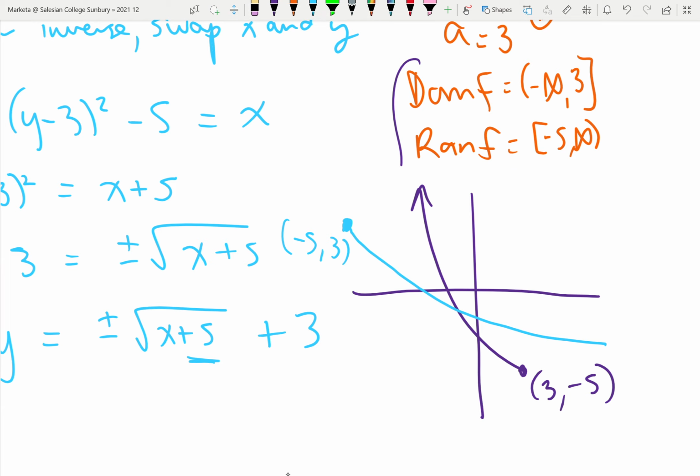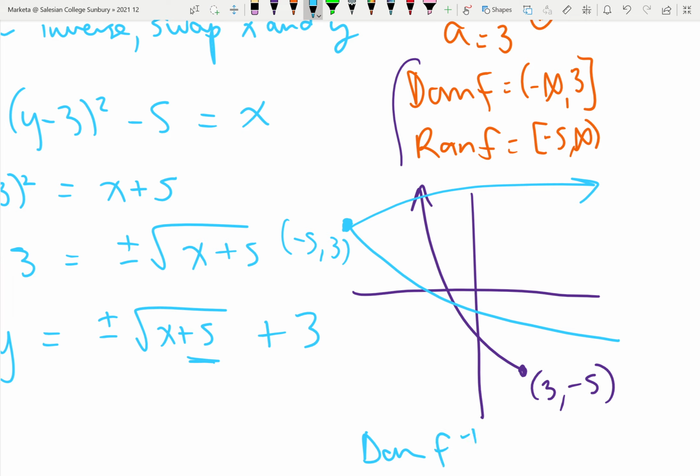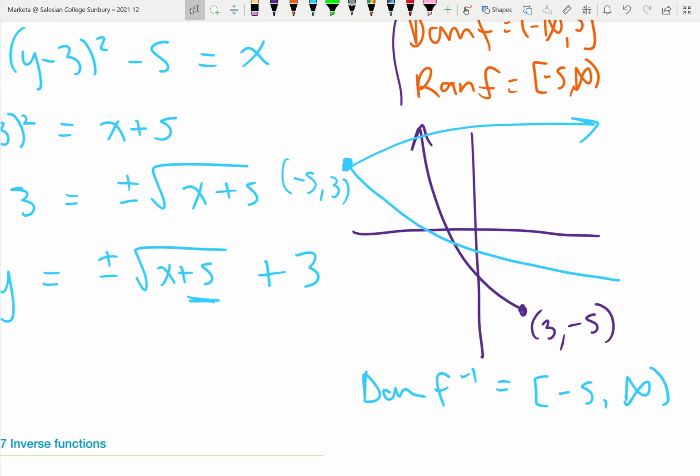You can probably see already which one it's going to be, but let's still work through it. So the domain is not going to be helpful. The domain of f^-1 is the range of f, which is -5 to infinity. And the range is the same for both of those parts of f^-1(x).